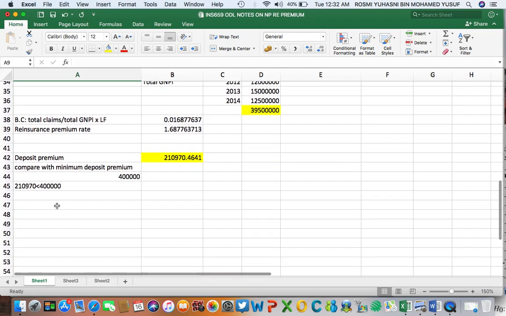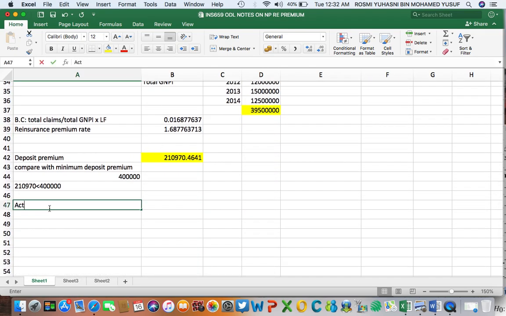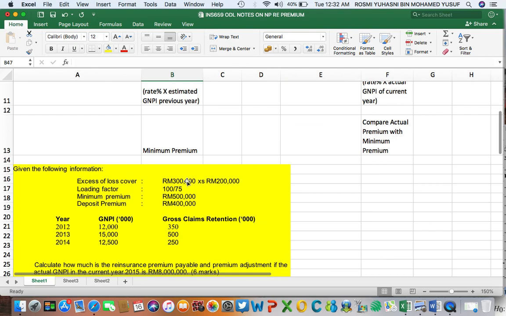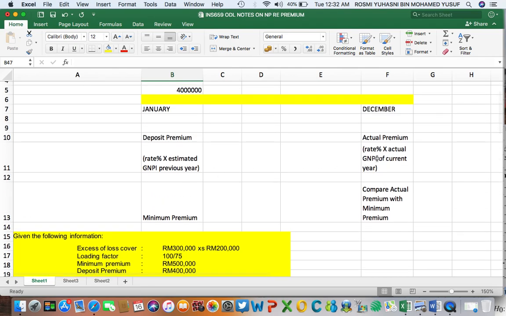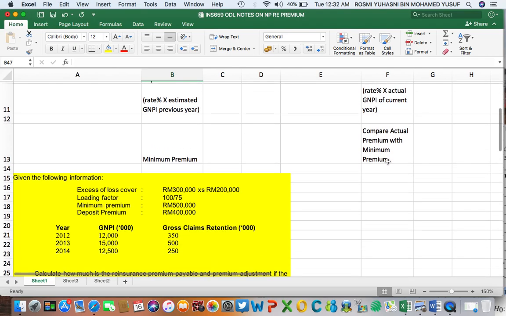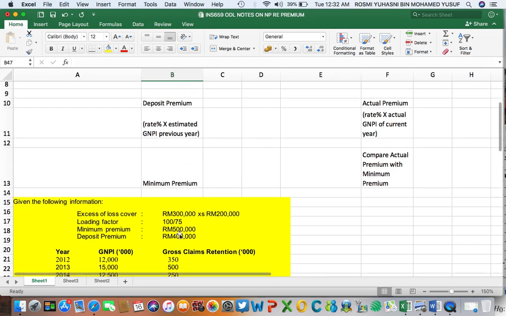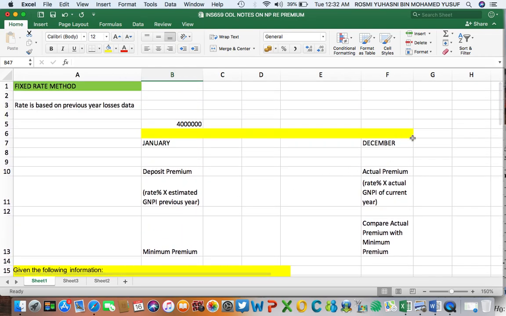Okay, once we have the deposit premium, we want to calculate the actual premium for 2015. So actual premium is using this rate times the actual GNPI of the current year. From the question, we know that the actual GNPI for the current year is 8 million, meaning that at the end of the year, the actual GNPI is known, which is 8 million.